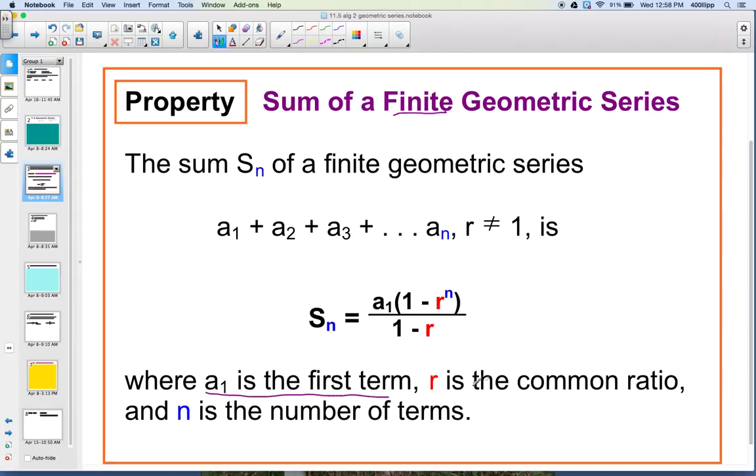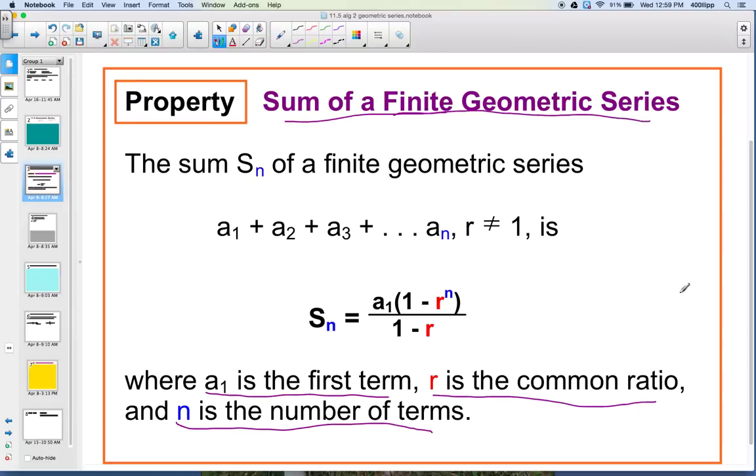Okay, R is standing for the common ratio. And finally, N is the number of terms. So you'd plug it into this formula right here, where S sub n is standing for the sum or the series. And this is going to be specific for a finite geometric series.